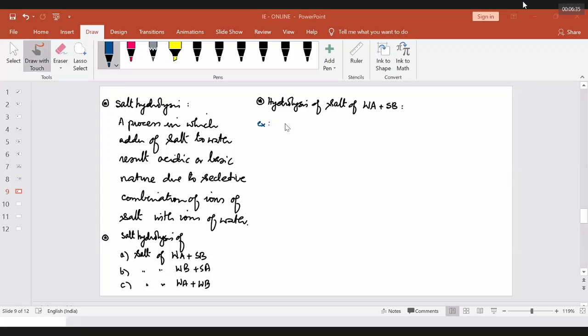For example, formic acid along with sodium hydroxide gives sodium formate, weak acid, strong base. Acetic acid along with sodium hydroxide or potassium hydroxide gives potassium acetate, sodium acetate, etc. No, sir, I am having oxalic acid along with sodium hydroxide, sodium oxalate.